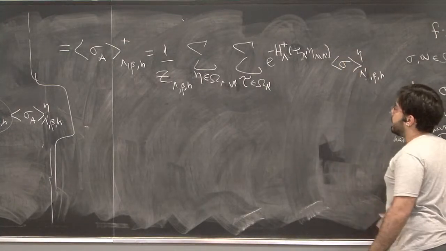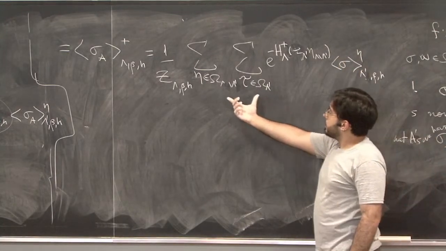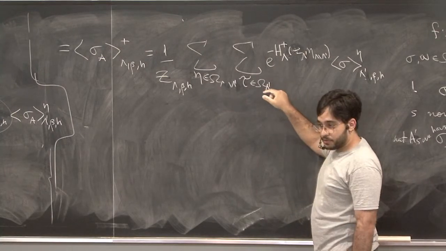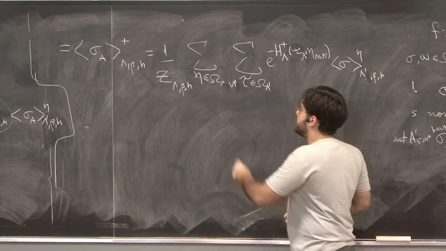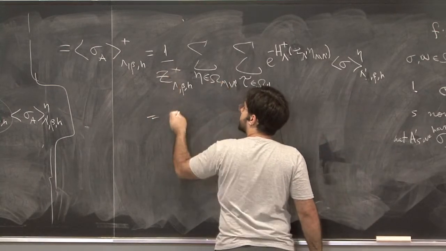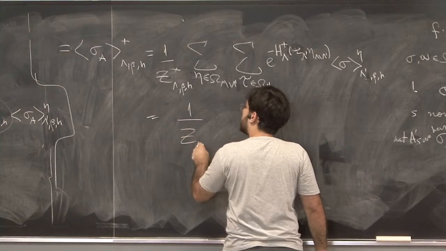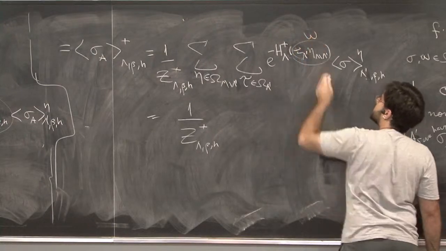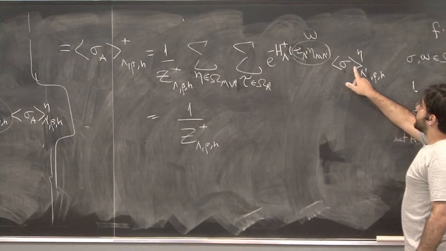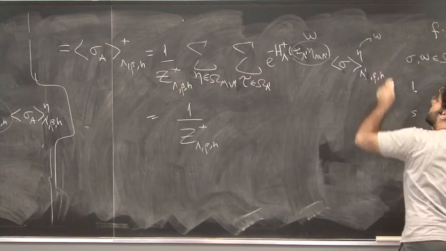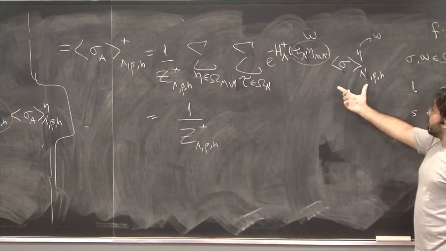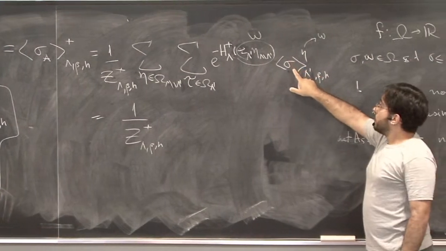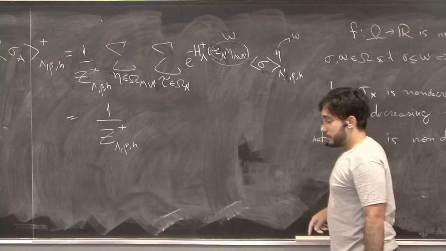Now I will combine these two sums again, summing over all the configurations inside lambda. When I rename these variables as omega, the boundary condition will also change to omega. You can also check that these functions don't depend on the spins inside lambda prime.